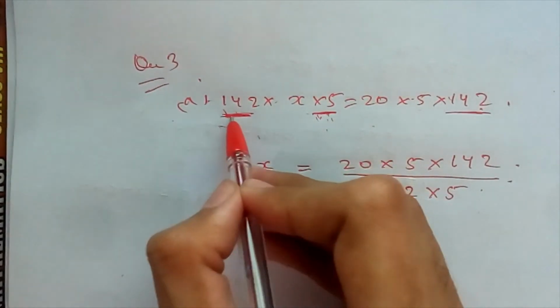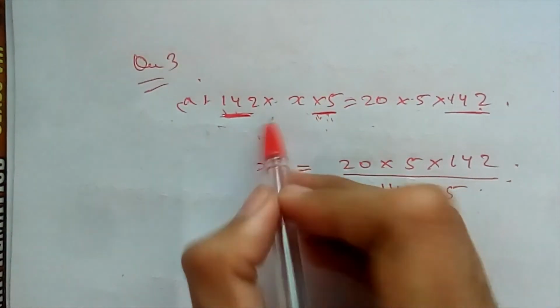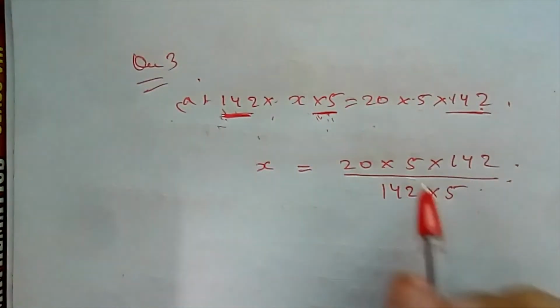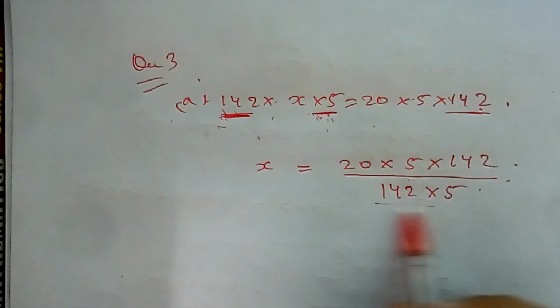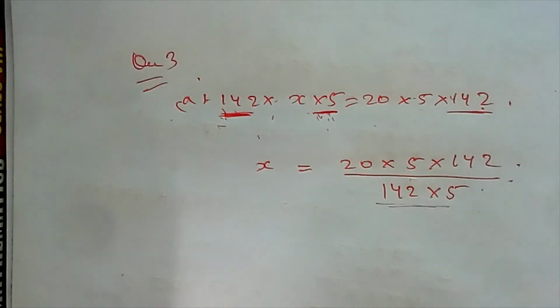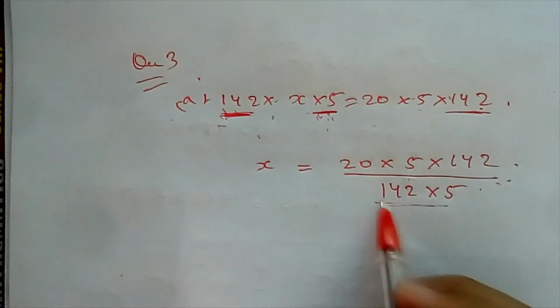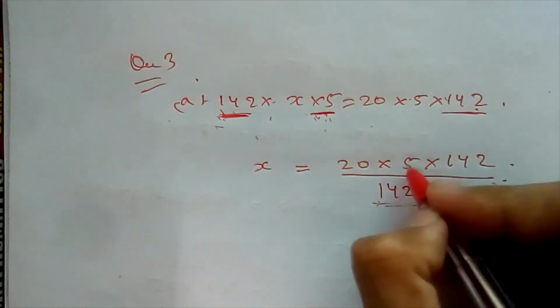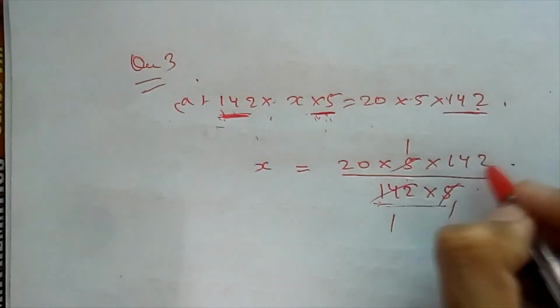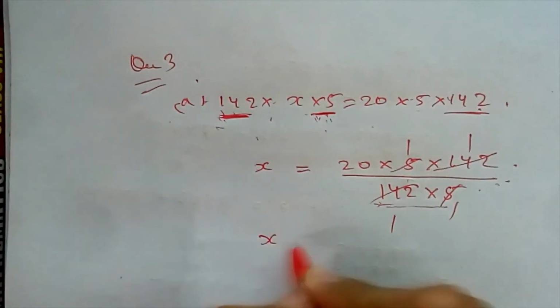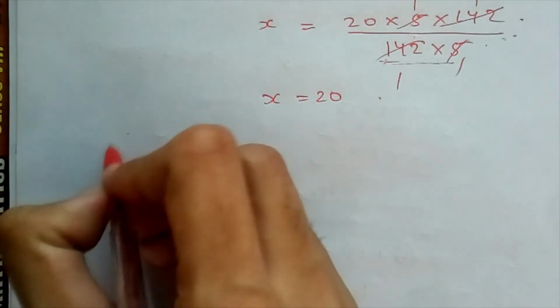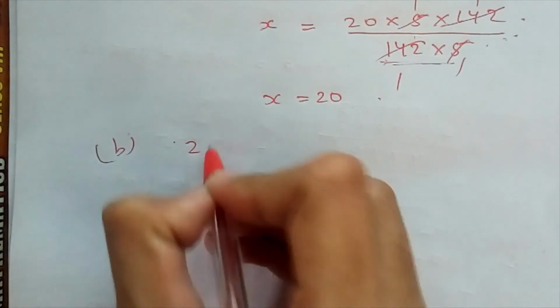The terms on the left hand side are in multiplication, so if we move them to the right hand side they will go in division. So 5 ones are 5, 5 ones are 5, 142 ones are 142 ones are. So the value of x is 20. Done.